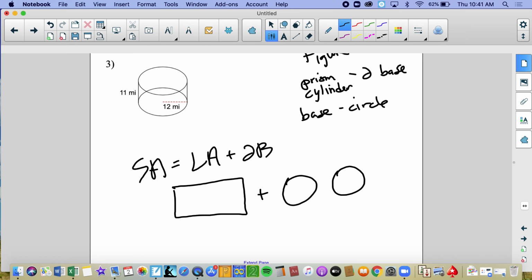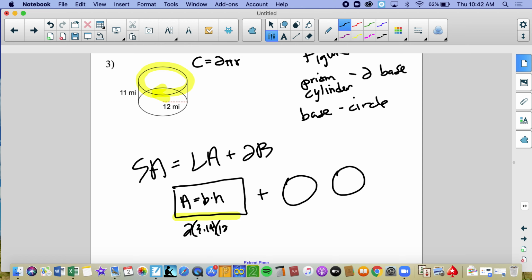We know that the lateral area is a rectangle, and to find the area of a rectangle is base times height. We know the base will always be the distance around the object. Since it's a circle, the distance around is also called the circumference, 2 pi r. So my base is going to be 2 times pi times the radius.